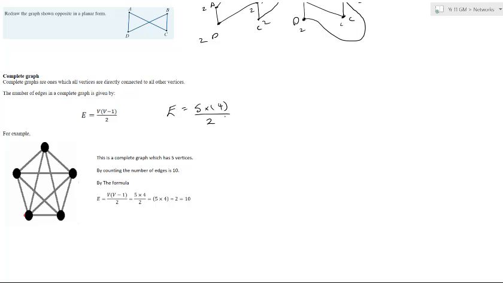So 5 times 4 is 20 divided by 2 is 10. So my answer is saying that the number of edges is 1, 2, 3, 4, 5, 6, 7, 8, 9, 10. So that works.